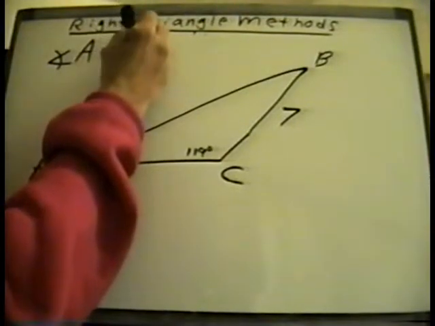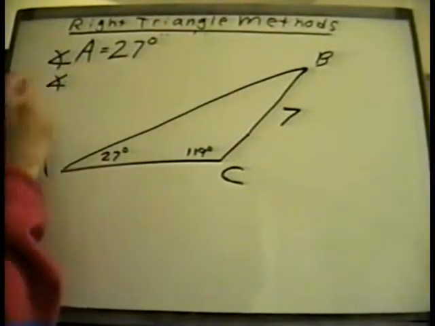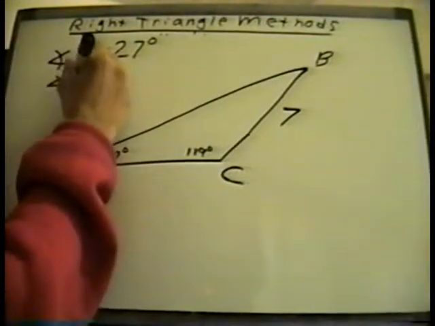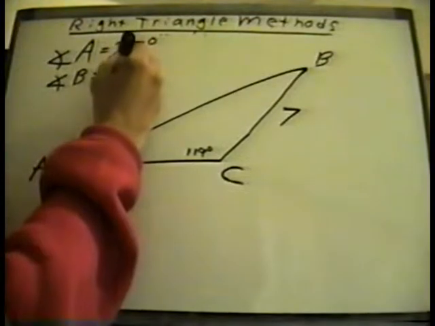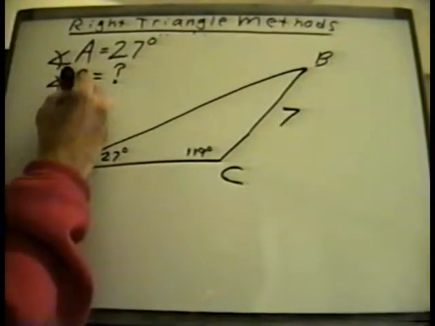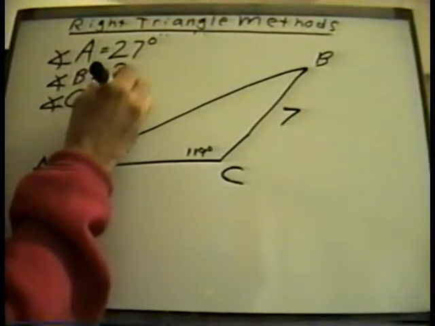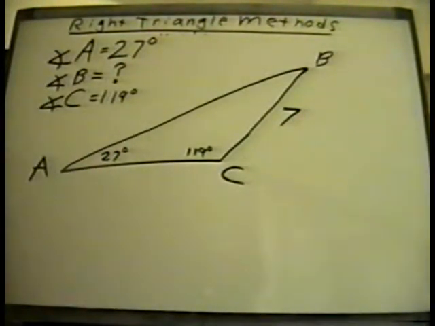So here we know that angle A is equal to 27 degrees. And angle B, that is not given to us, we have to find that. Angle C is 119 degrees.